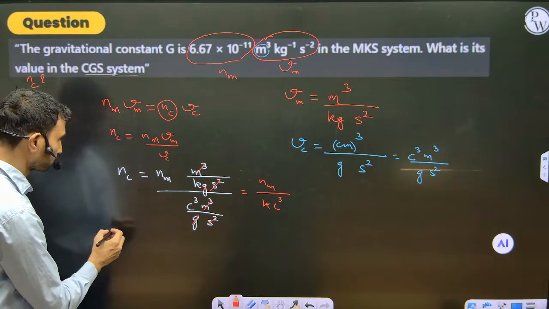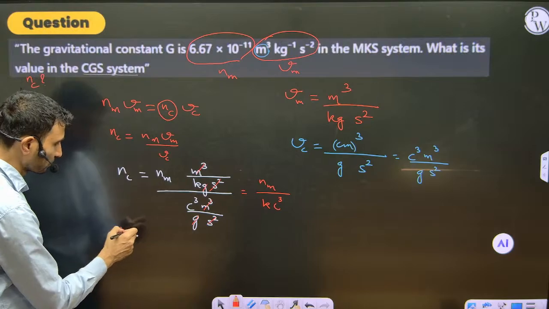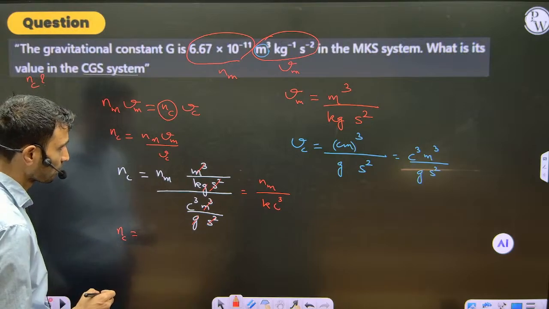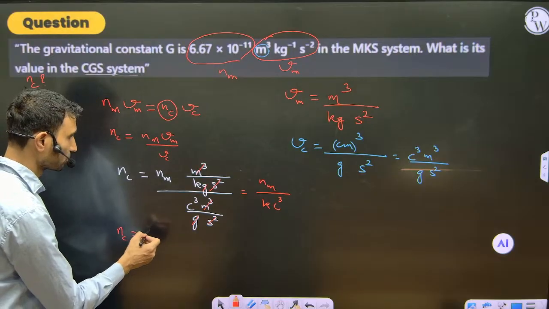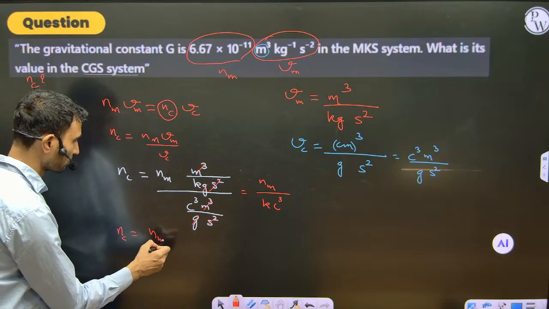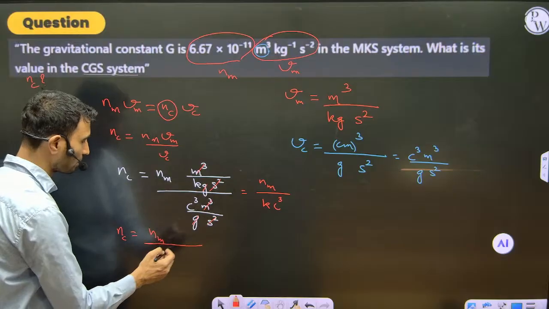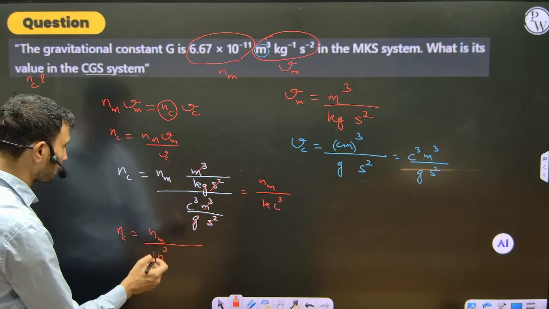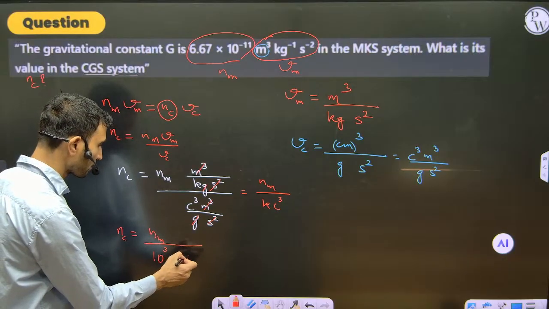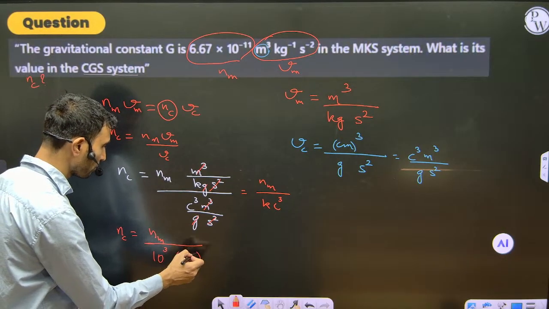That's NC. K is 10 to the power 3, and centi is 10 to the power minus 2, whole cube.